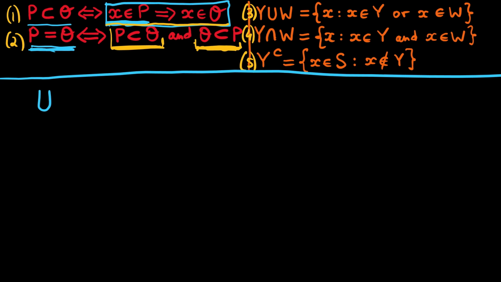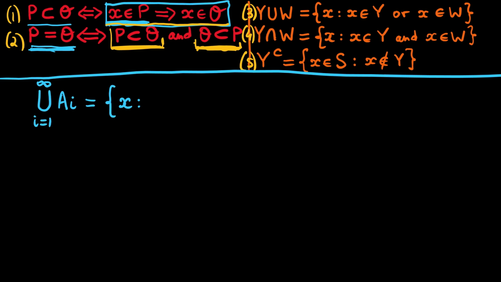The union of sets A_i, where i goes from 1 to infinity. So we're taking the union of infinitely many sets. But we know how unions work, and we said that membership in any one of the sets is sufficient for you to be included in the union of these sets.